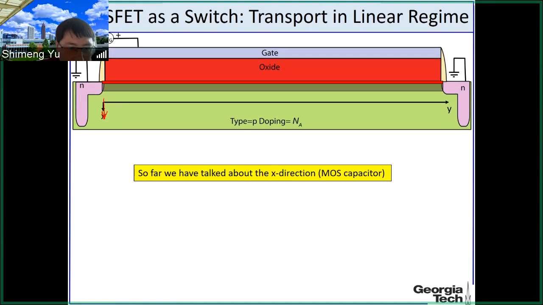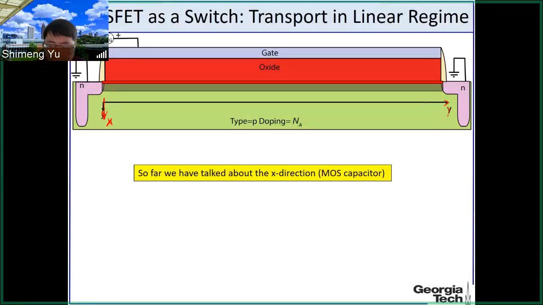This is a little bit different from the conventional definition, but let's do it this way. This vertical direction is essentially the MOS, faster direction. And then we define the horizontal direction as the y direction, so that is the channel direction from the source to the drain.